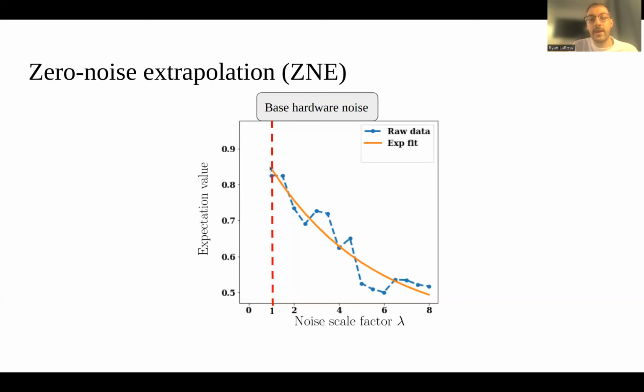And so because of that, there's error bars on each of these results that you get here, and that also feeds into the fit. The looser the error bars are on the raw data, the looser the error bars are on the fit, and then correspondingly in the extrapolated value.